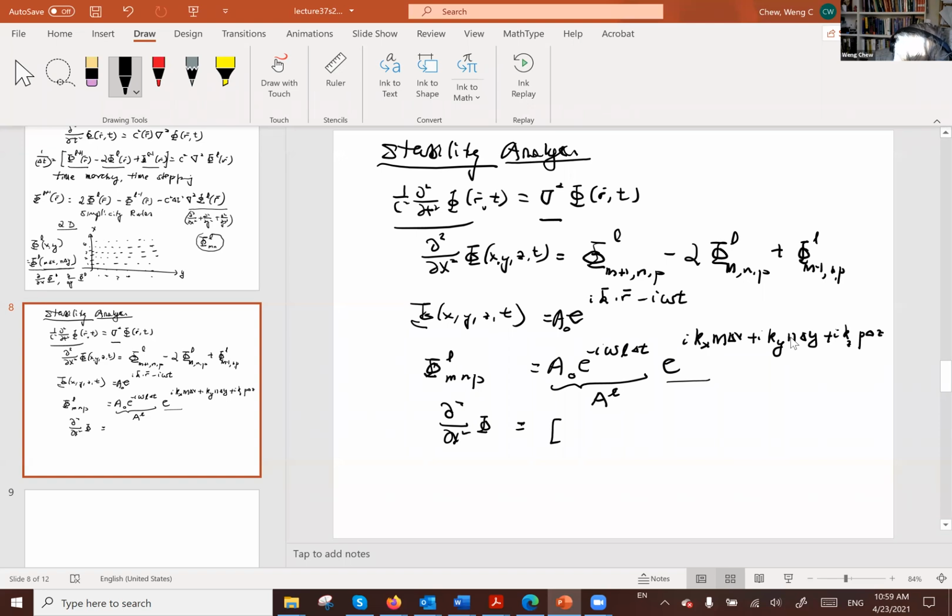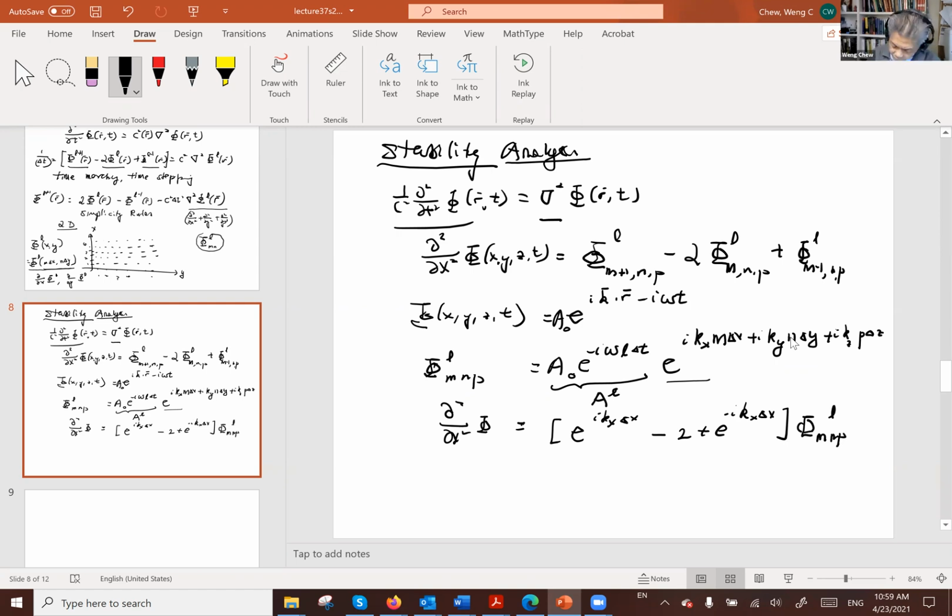Since only delta x changes, you will pick up a term like e to the i kx delta x, minus 2, plus e to the minus i kx delta x. And then you put this thing out there again, m and p.